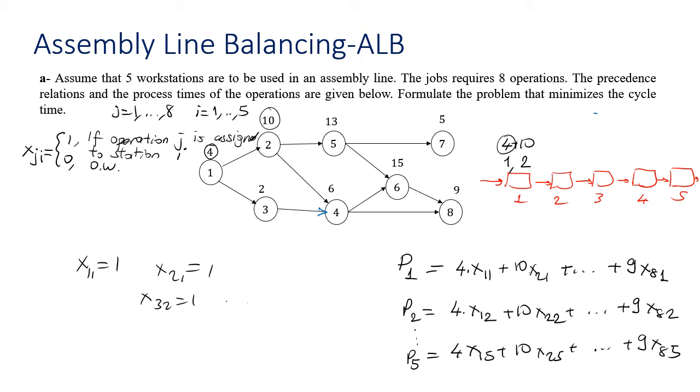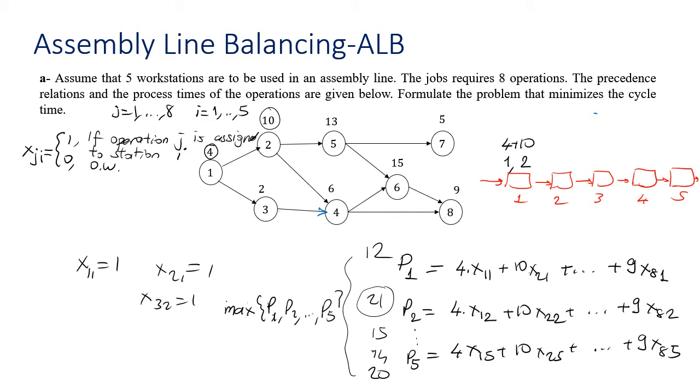So these equations give me the times of the stations, but the thing is, the objective function is the slowest one. How can I find the slowest one? If this is 12 and this is 21 and this is 15 and the other one is 14, the other one is 20, the slowest one is this one, right? 21. So what is that slowest one? Actually, it is the maximum of these P1, P2, up to P5.